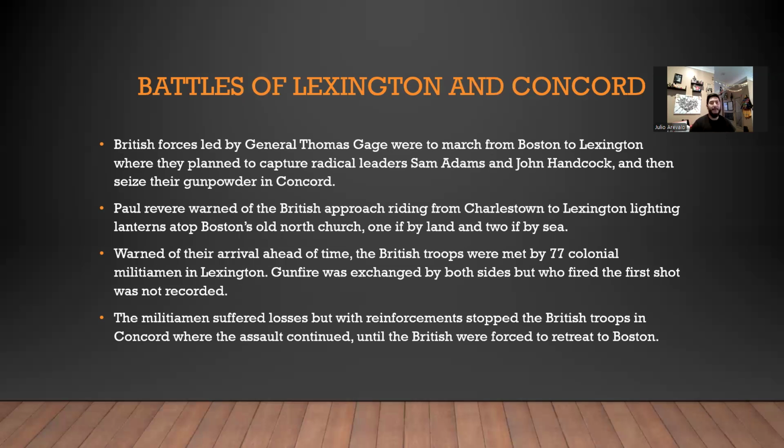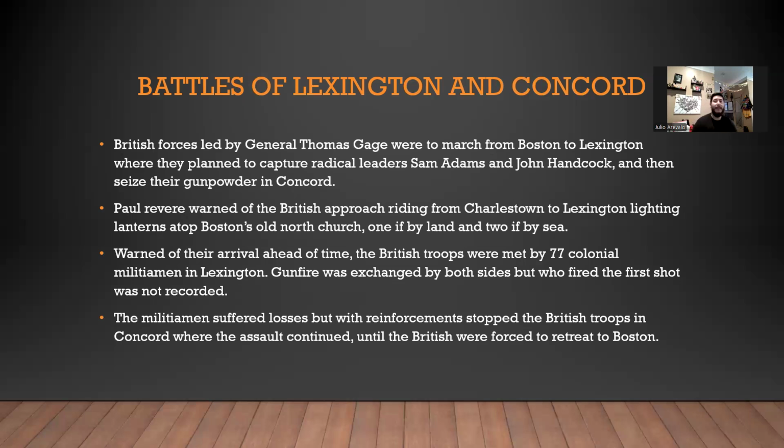After capturing these leaders, they were to march their troops to seize all of the gunpowder held by the radical militiamen, a cache of gunpowder that they held in Concord.